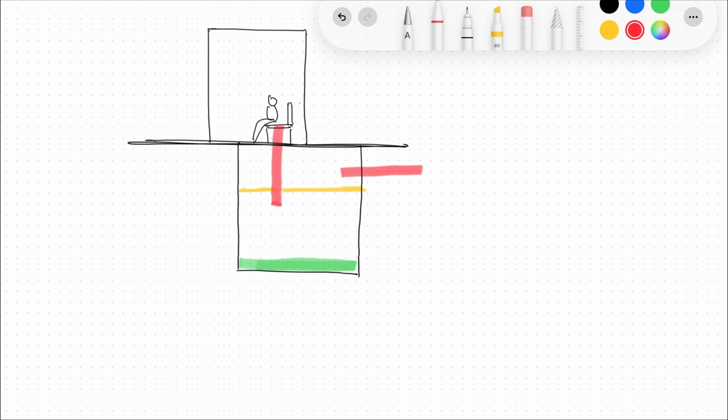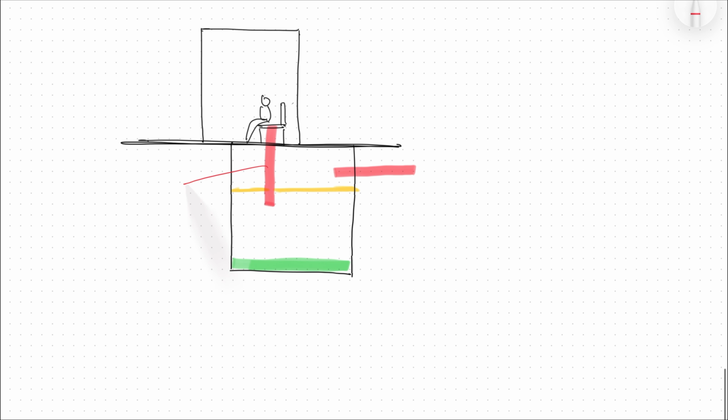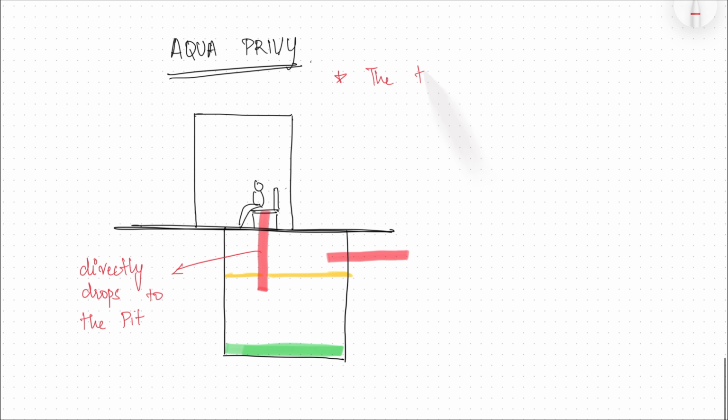Now, your human excreta or your soil directly drops to the pit. The toilet or WC sits directly on top of the septic tank.